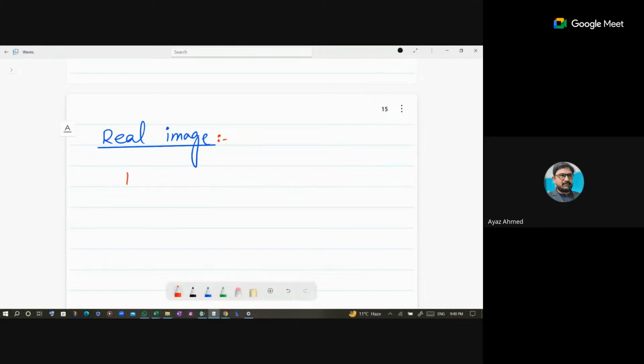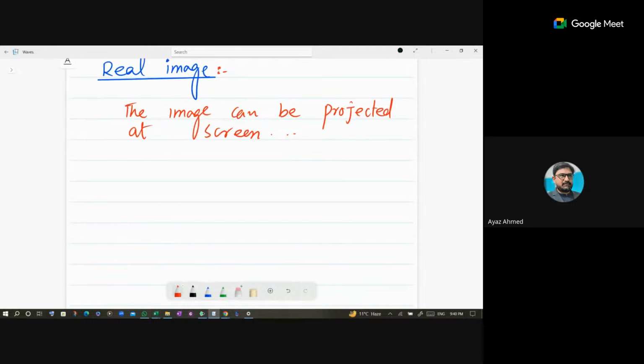The image can be projected at a screen, right? That image which you can project on the screen is called your real image. A real image is basically one which is obtained by the intersection of light rays, right? It is obtained due to the intersection of light rays.